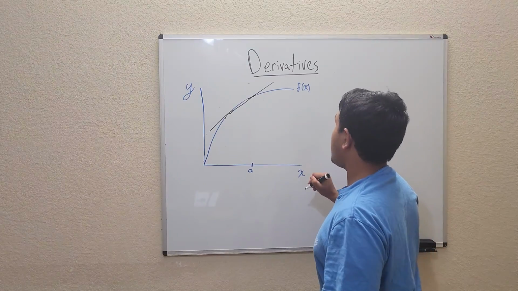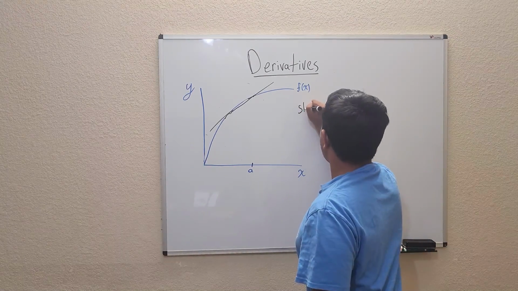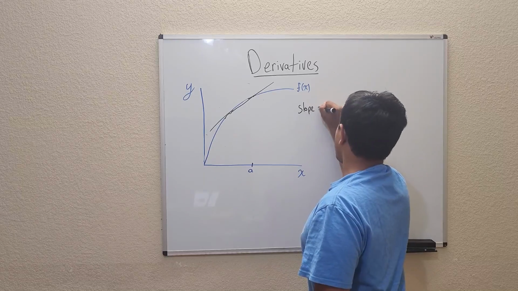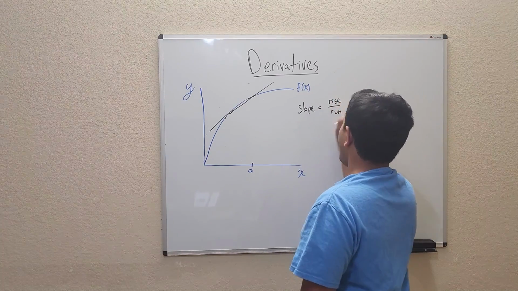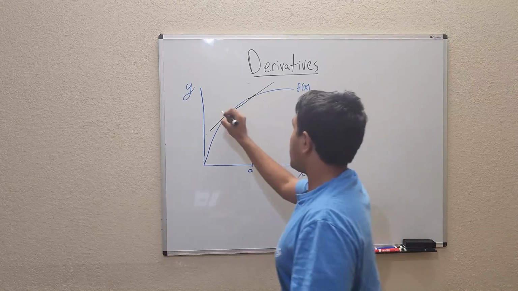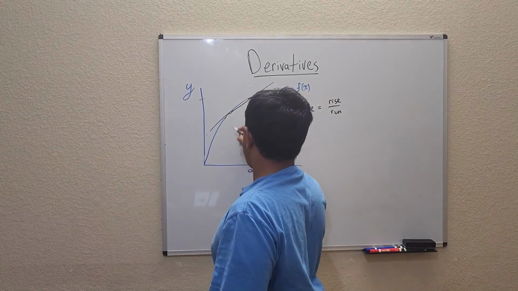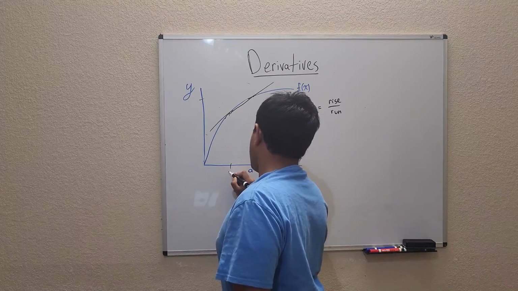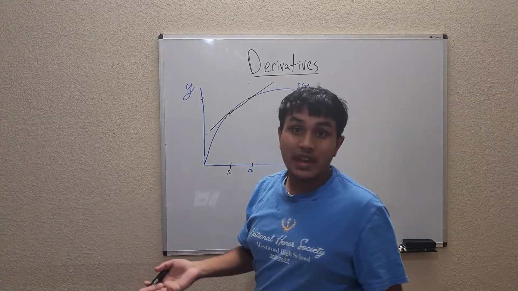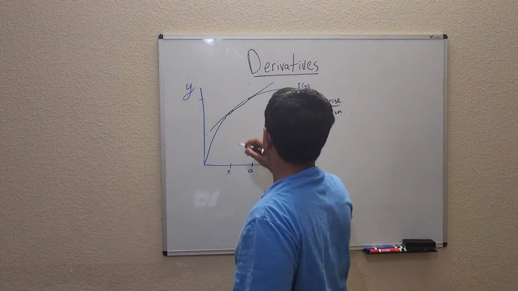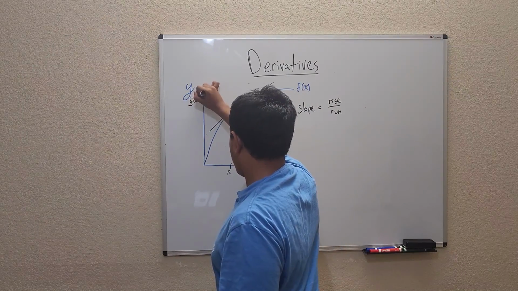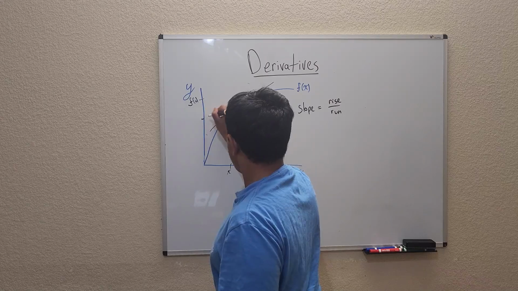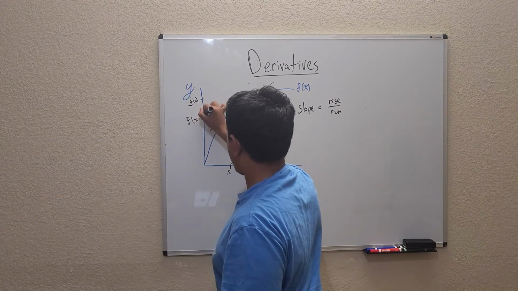The slope of that line, as we know, slope is equal to rise over run, right? The rise at this point is, let's say some x value, just any x value for all we care. So we could say this has to be f of a, this has to be f of x.